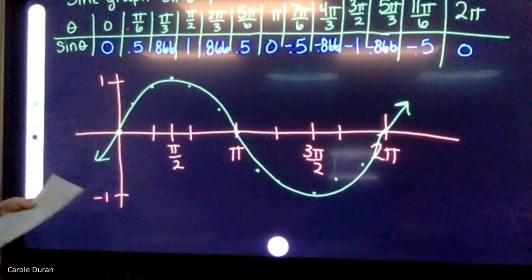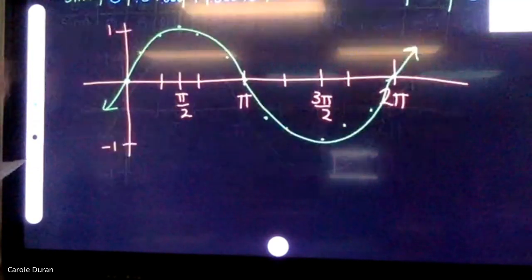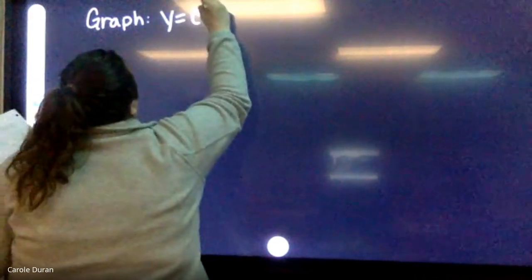Okay, so what I want to do now is a practice one. We are going to do a cosine one, yes. This was the fourth one that you drew in your notes. It's not inverted cosine, it's just cosine.